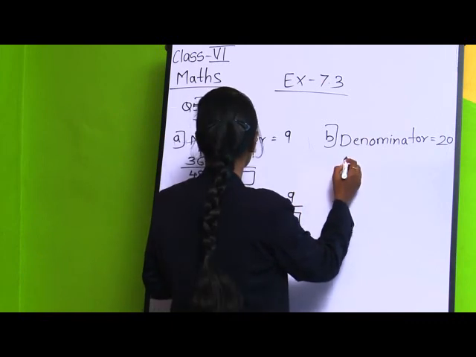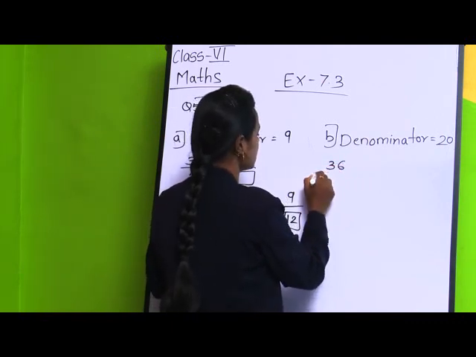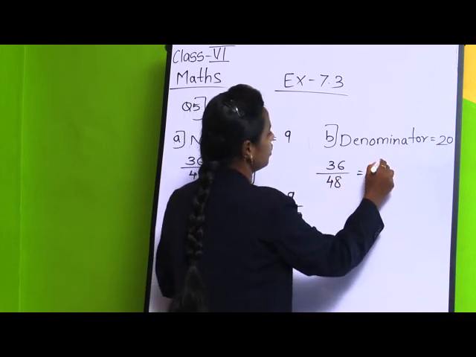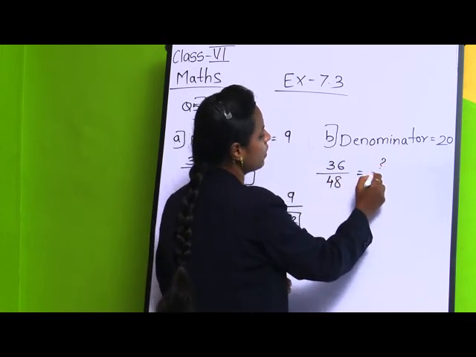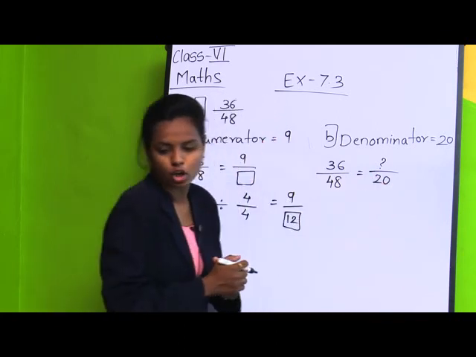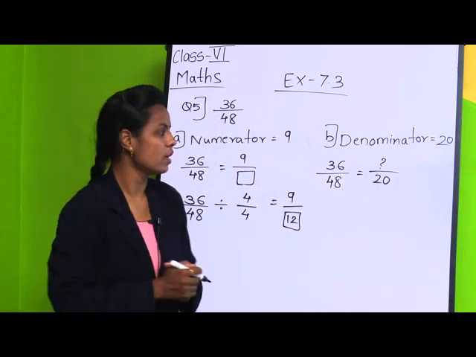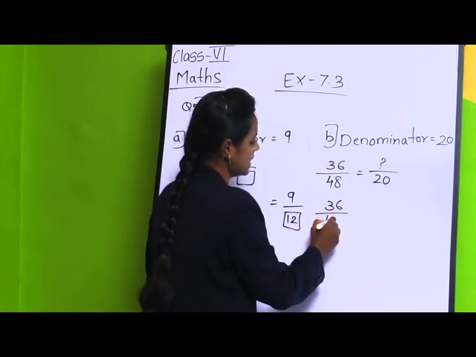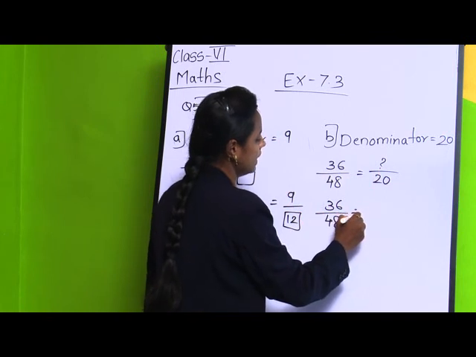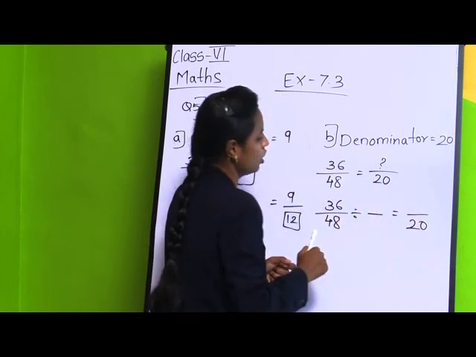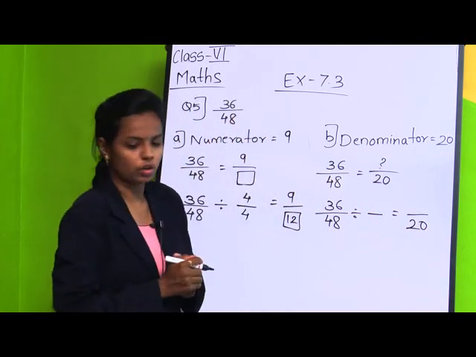See here, 36 by 48 is equal to a question mark in the numerator's place, and in the denominator we have 20. So, 36 by 48 divided by which number gives the denominator 20? Can you tell me?